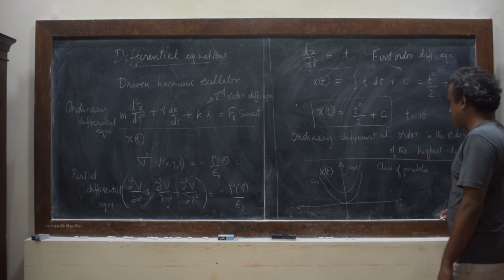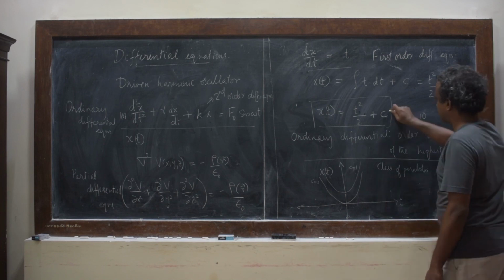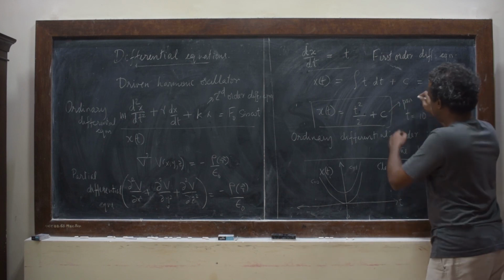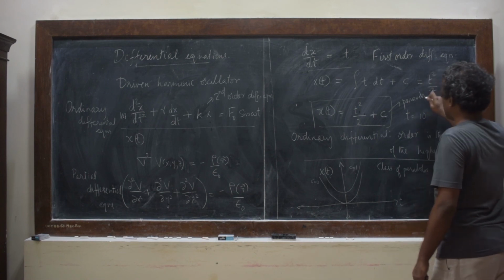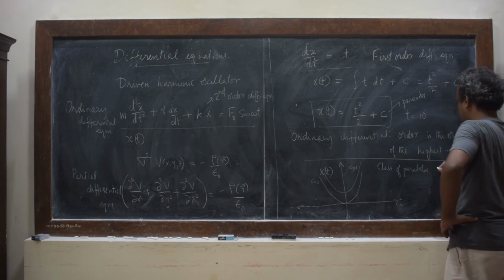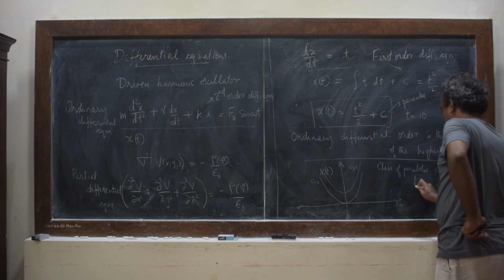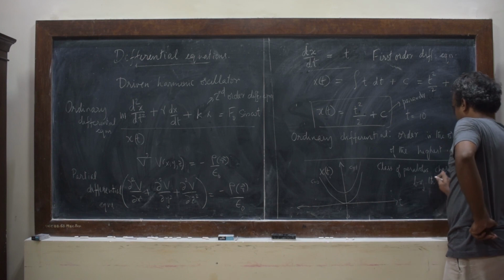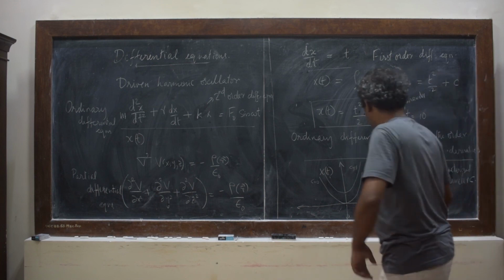Often the value of c is called a parameter. The constant of integration is also often called a parameter. Hence, we say that it is a class of parabolas characterized by the parameter c.